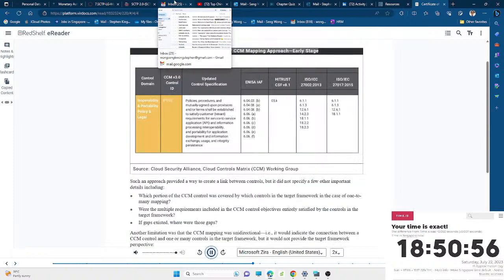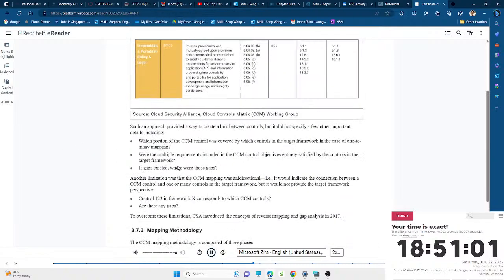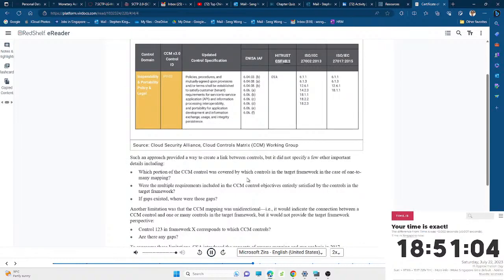Figure 3.15 Evolution of CCM mapping approach. Early stage control domain: Interoperability and Portability, Policy and Legal, IPY-03. Updated control specification: ENISA IAF, CCM v3.0 control ID, HITRUST CSF v8.1, ISO/IEC 27002:2013, ISO/IEC 27017:2015. Policies, procedures, and mutually agreed upon provisions and/or terms shall be established to satisfy customer (tenant) requirements for service-to-service application, API, and information processing interoperability, and portability for application development and information exchange, usage, and integrity persistence.